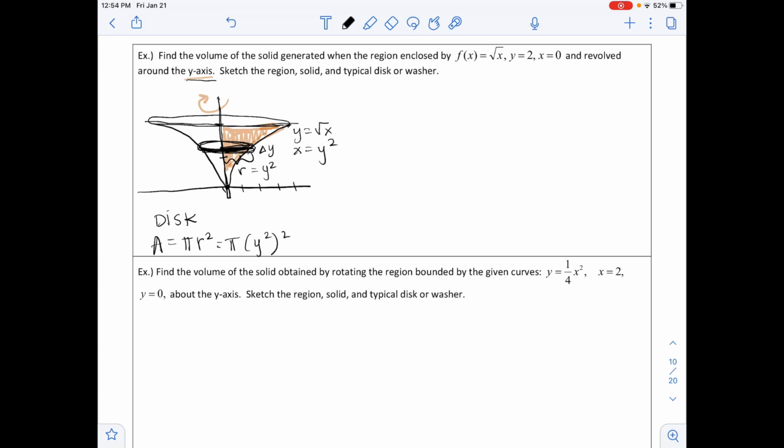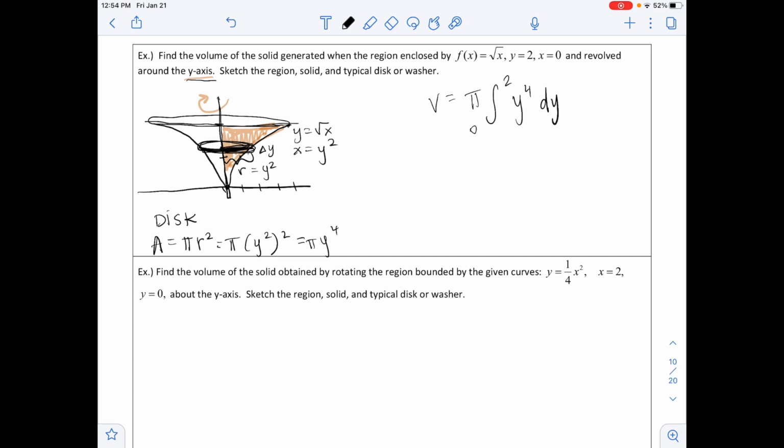And so to calculate our volume, we're going to have pi times the integral, and these are going to be the y values that we're integrating from. So it's going from 0 to 2. And then we had pi r squared. So our r squared is going to be that y squared squared, which works out to being y to the 4th, and then that thickness, which would be our dy, our delta y.